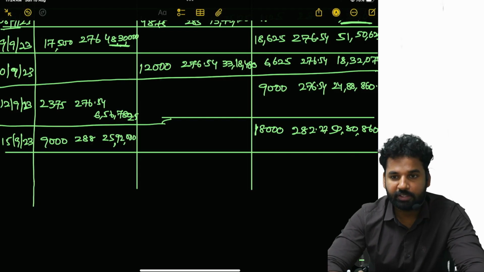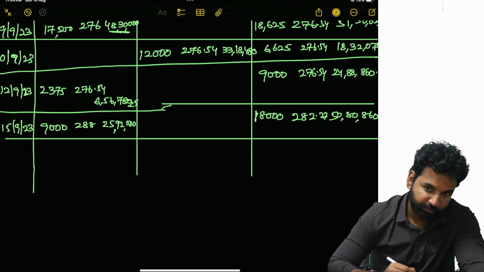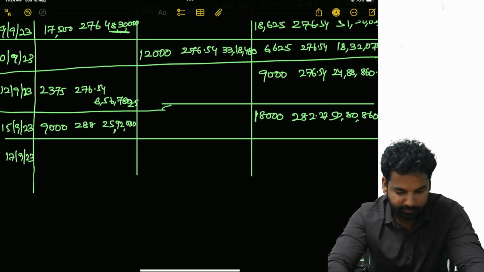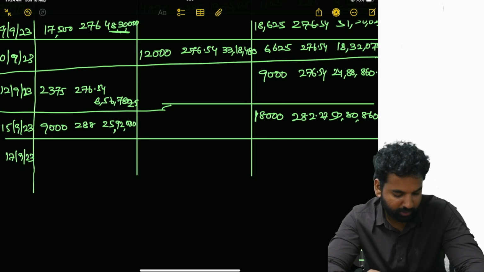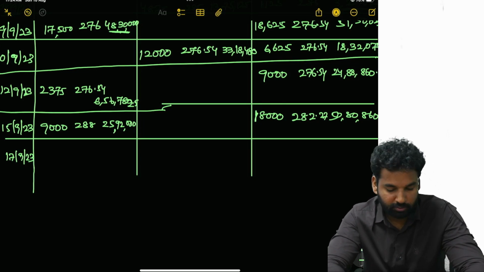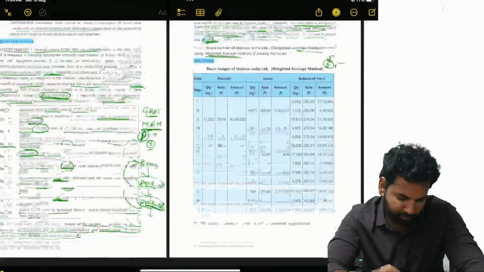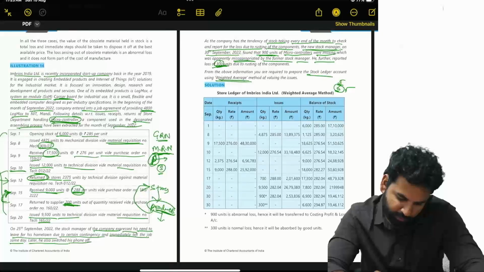Return, sir. Return to supplier on what date? 17/9/23. Out of what material? Out of 9,000 units, 700 units are being returned, correct?